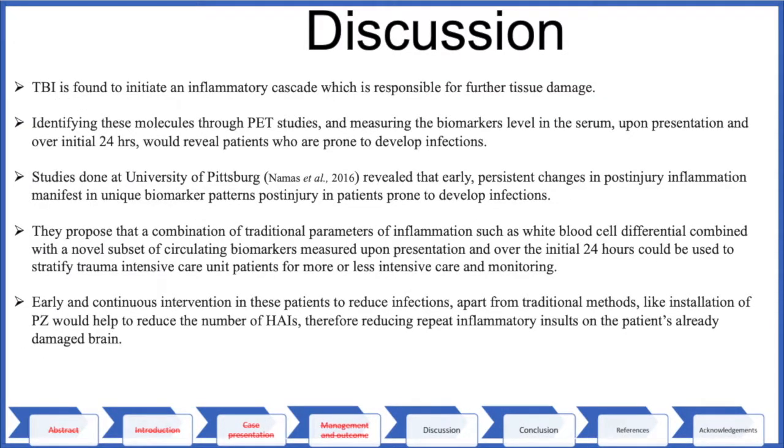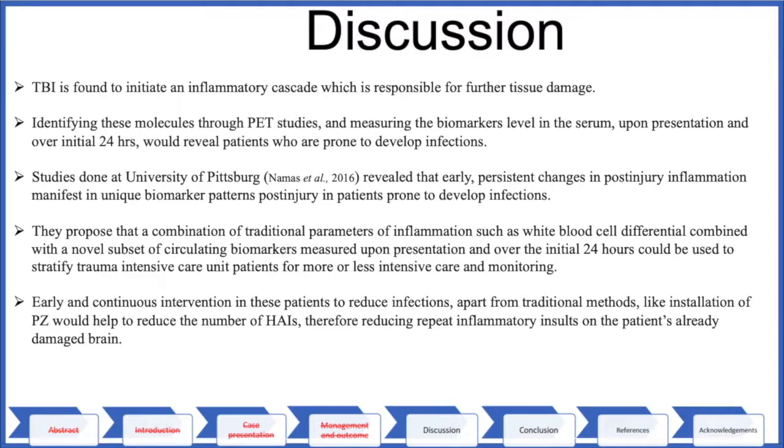The other thing is that traumatic brain injury itself is found to initiate an inflammatory cascade. There are certain inflammatory markers like interleukins and tumor necrosis factors that are released when there is damage to the brain tissue. Identifying these molecules as early as possible, through serum biomarker studies or through PET imaging, would help us reveal the patients who are more prone to nosocomial infections.